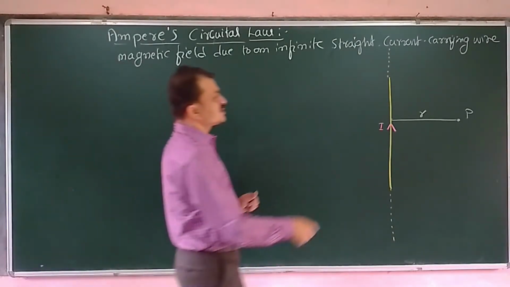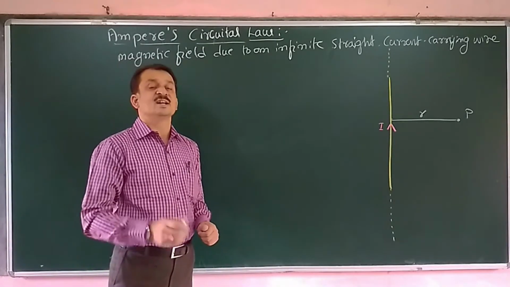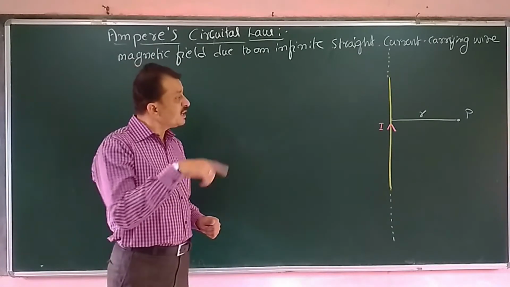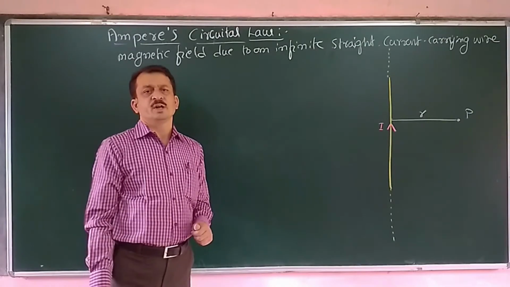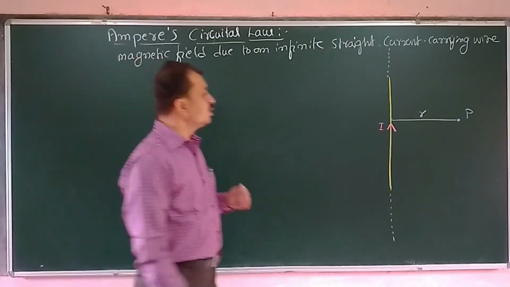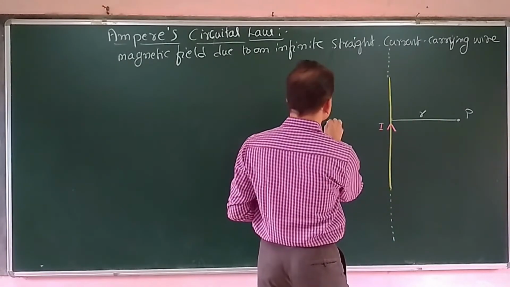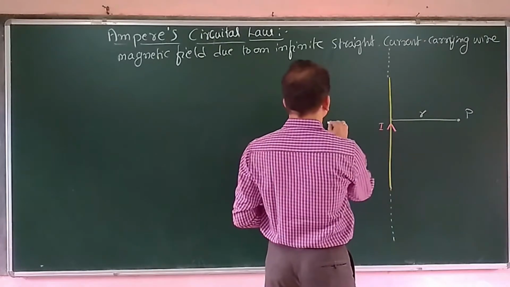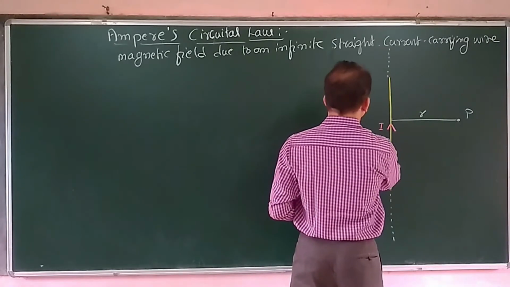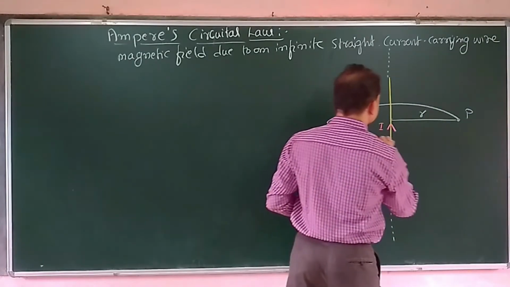Now, in order to find this magnetic field at this point, we consider a symmetric loop. In this case, the symmetric loop is a circular loop. Now, let me consider a circle here with radius r.